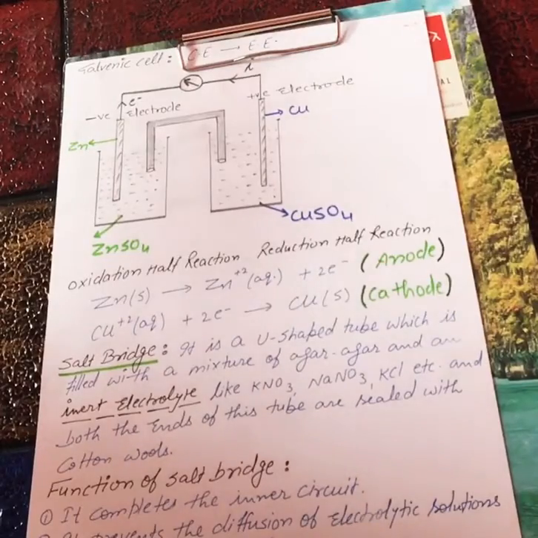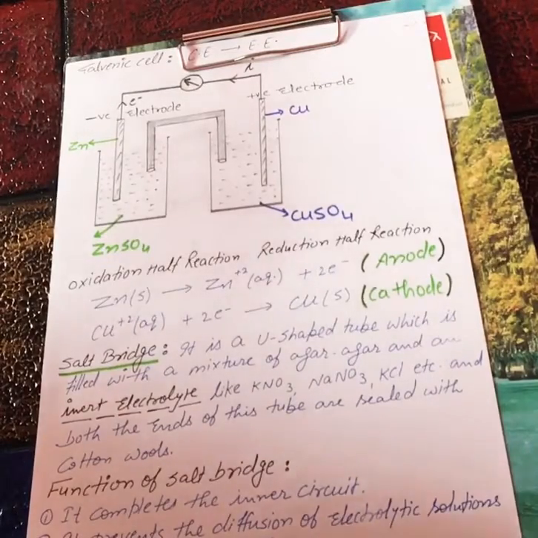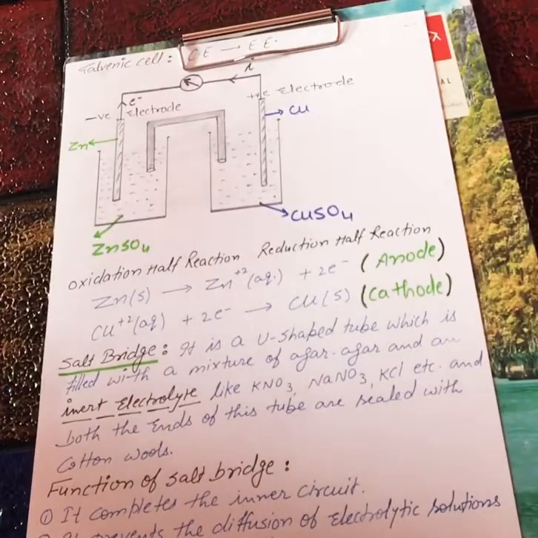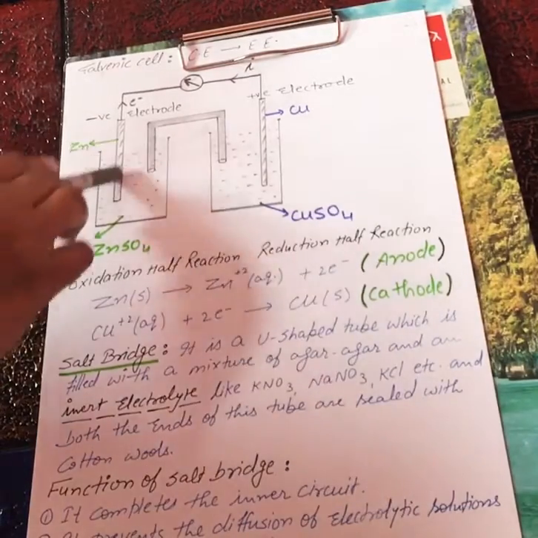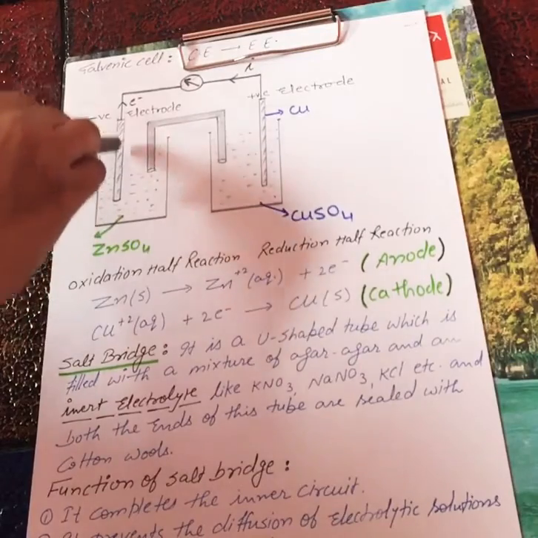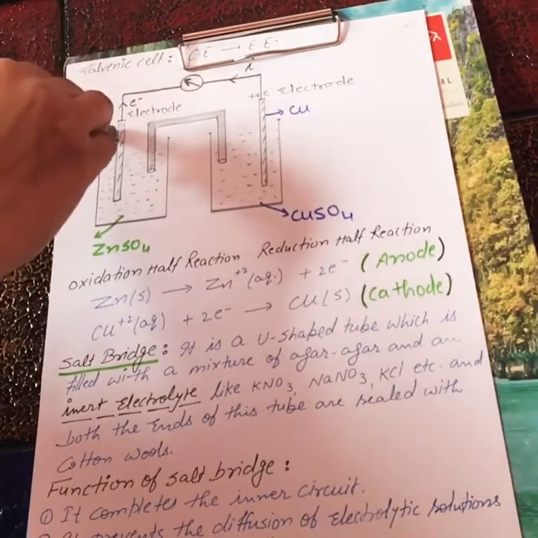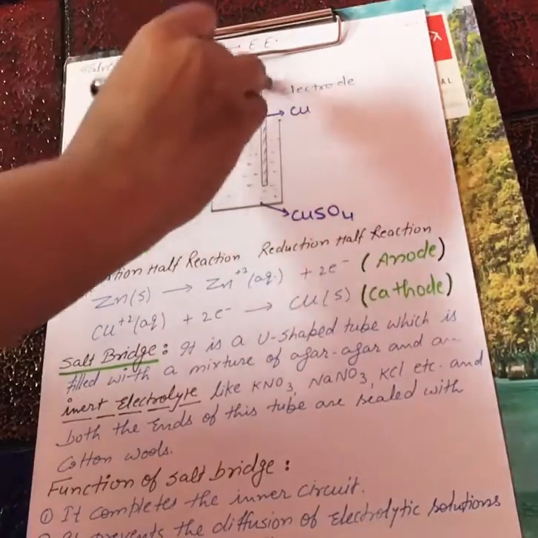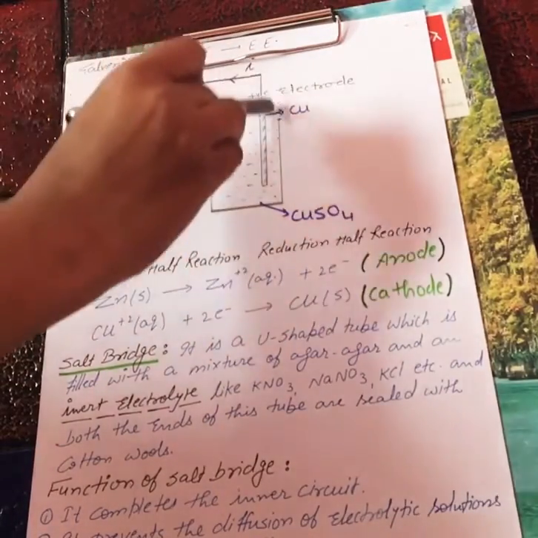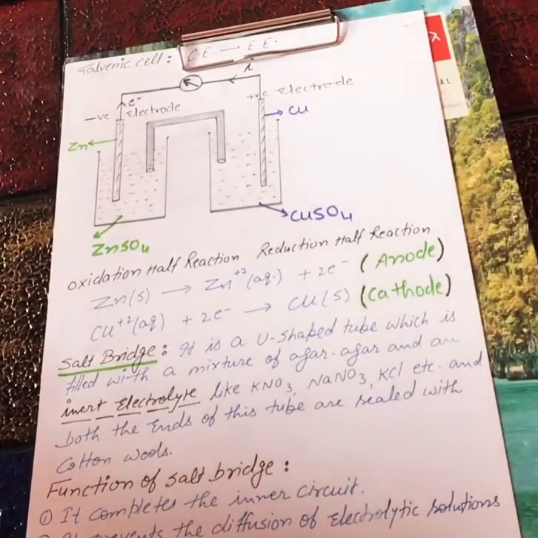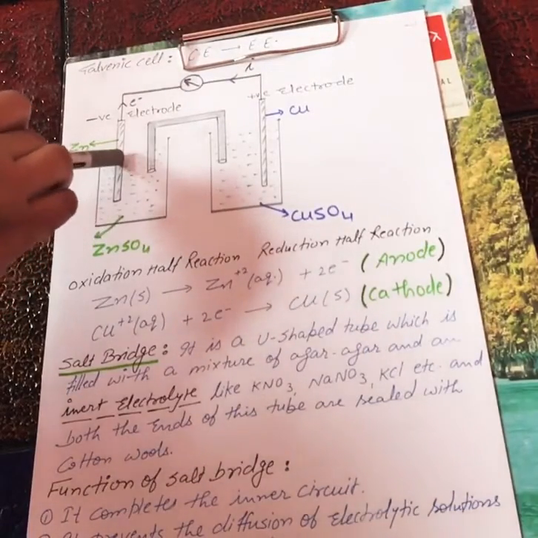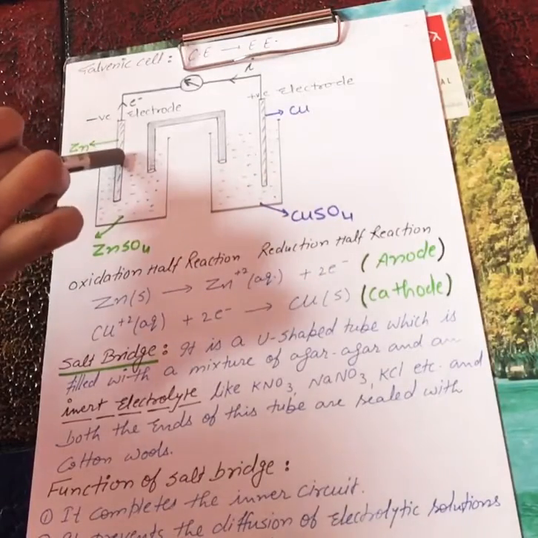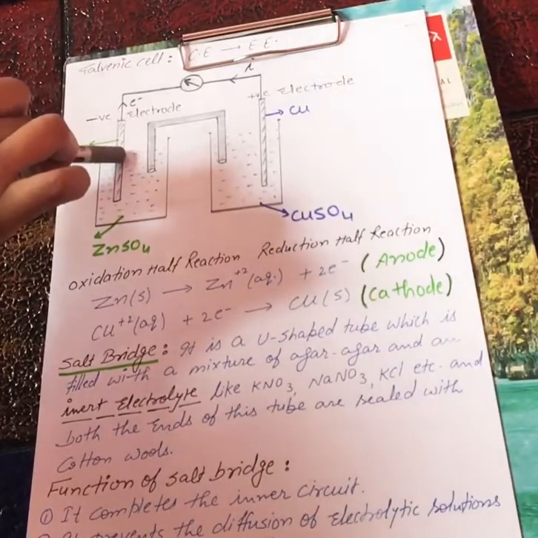The compounds being oxidized, that's why at the anode the compound is oxidized, leave their electrons, and those electrons will move from the zinc plate to the copper plate, by which electron density will be high on the zinc plate.